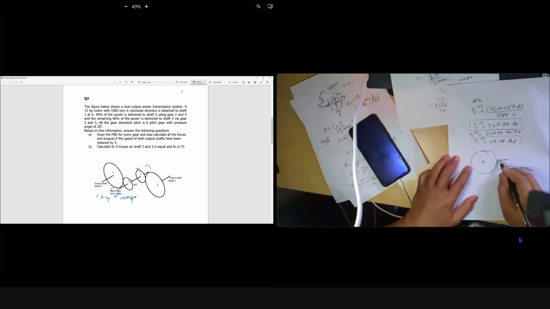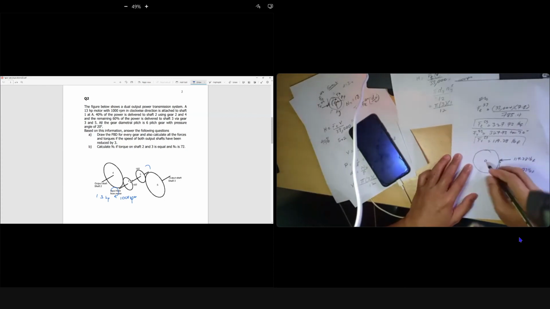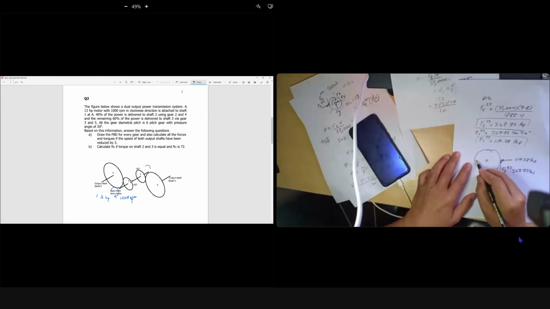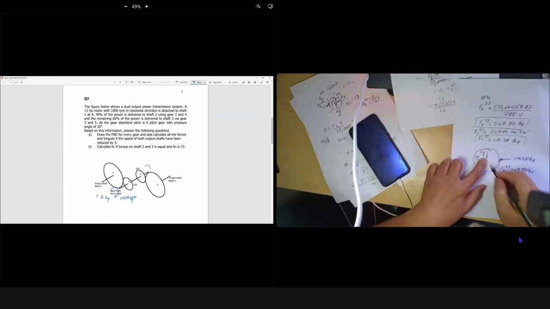This one to the center is 119.28 pound force. We can label it A, B, CX, DY, and this also produces a counterclockwise turning moment, or torque, which will counter-react, will be your torque at C.